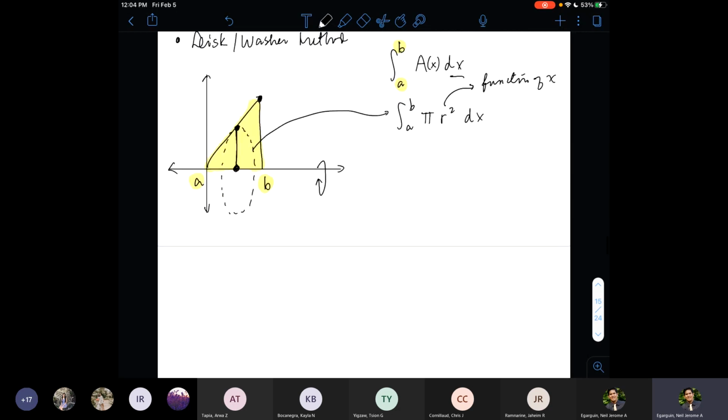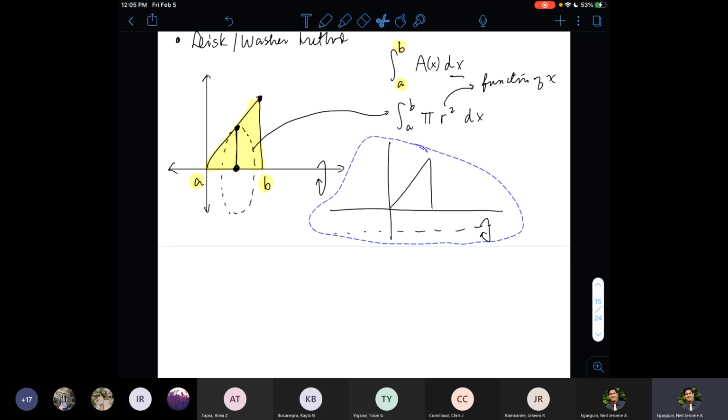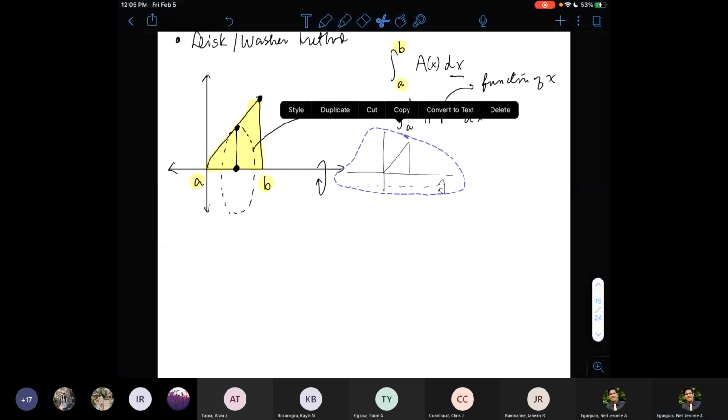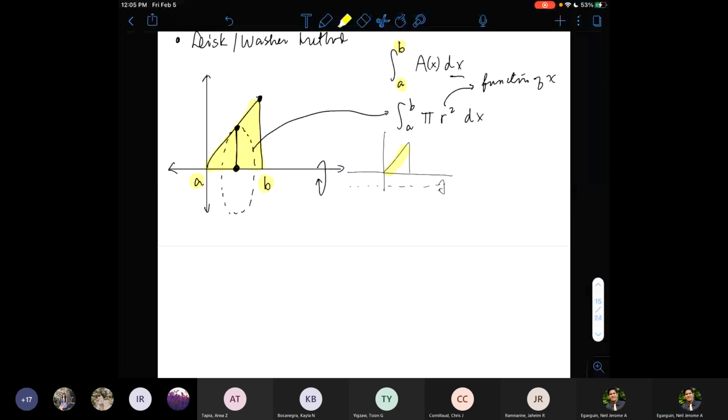Now, for the method of washers, suppose we have this region, but this time revolve around this axis of revolution. And again, you use vertical strips.